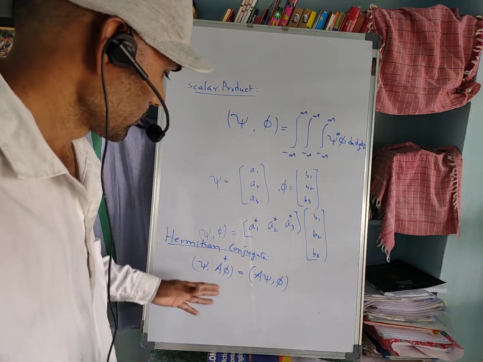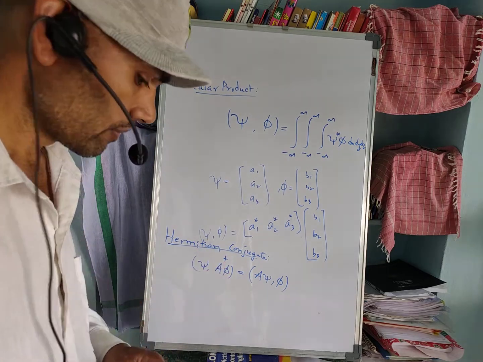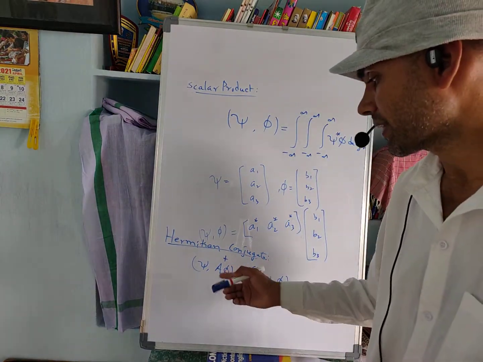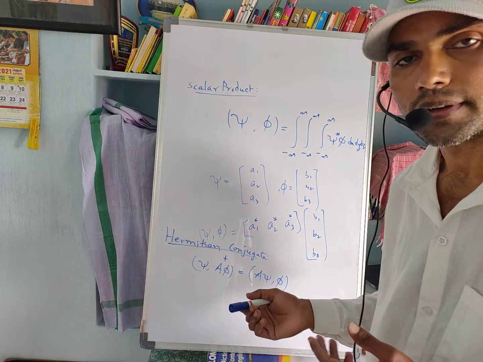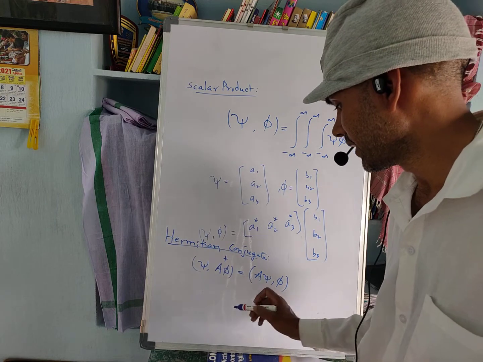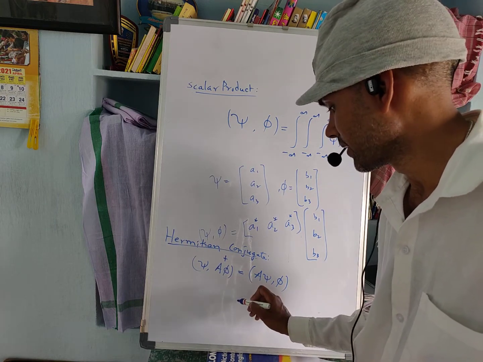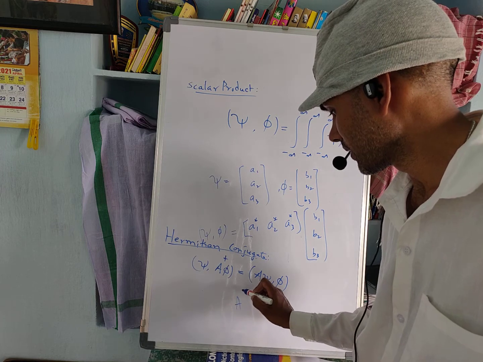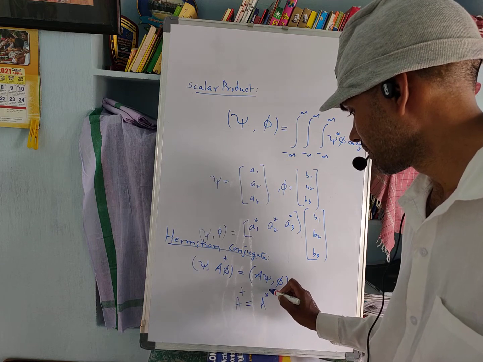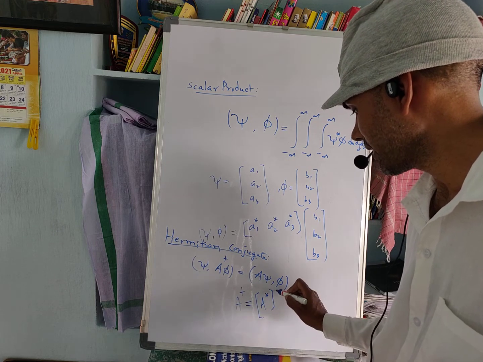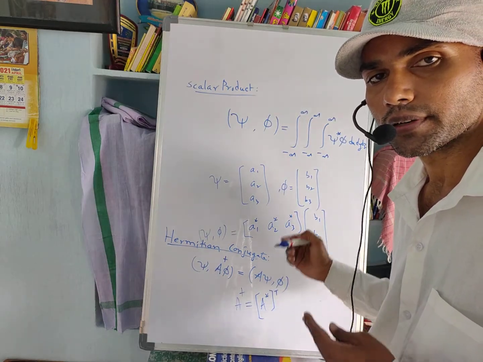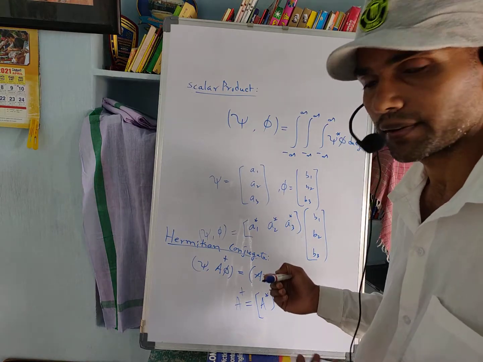In case you have the states as vectors and the operators as square matrices, then A dagger is the complex conjugate of A and, on top of that, the transpose. So A dagger is simply the complex conjugate and transpose of the resultant matrix.